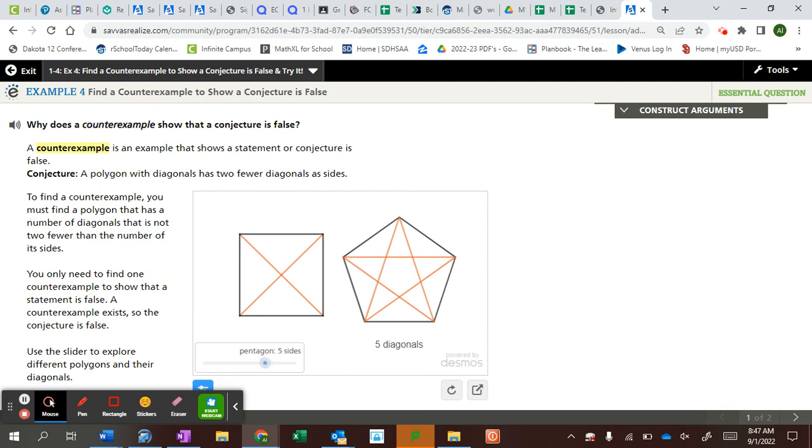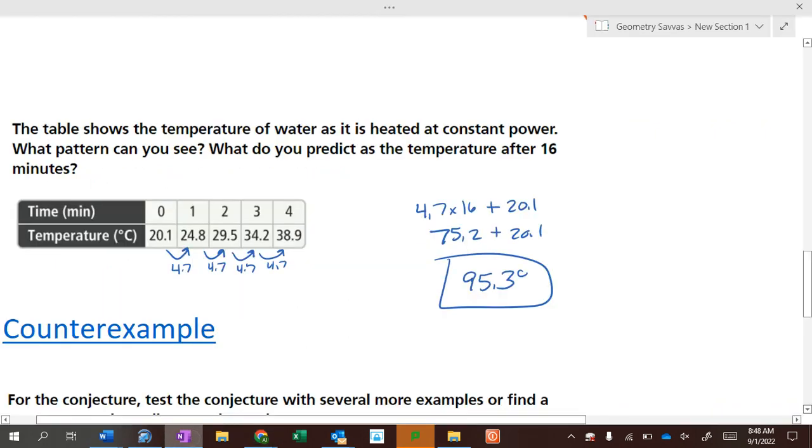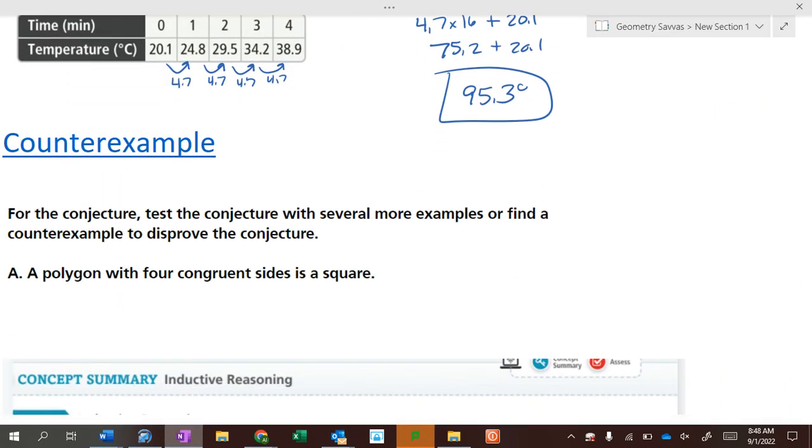If we look at a five-sided figure, it has five sides and five diagonals. Is it true for that? No. So it only works for a quadrilateral. It doesn't work for any other shape. So we know that conjecture is false. That's a false statement. Okay?